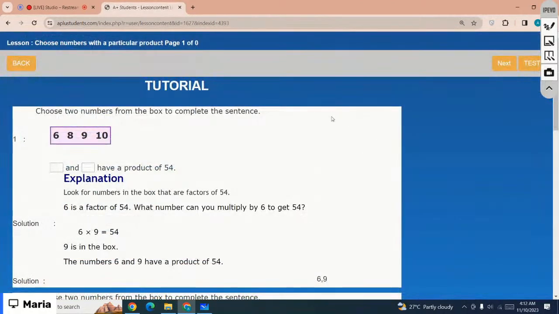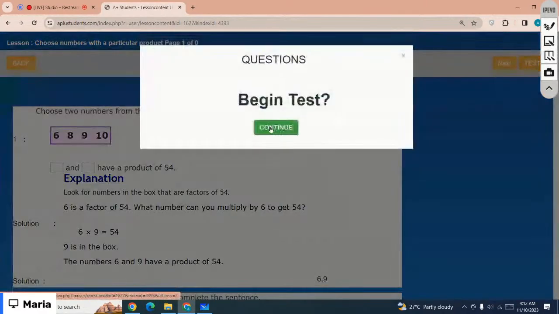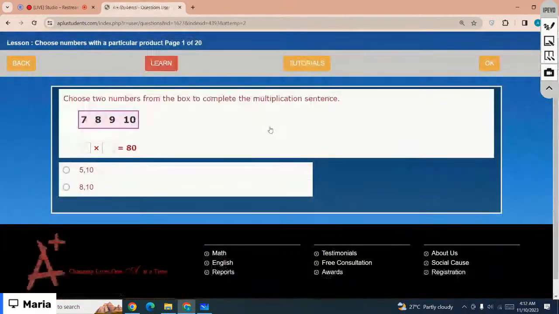Okay, let's just start with the test questions. You are given some of the numbers. You need to see the product is for which two numbers, right? Like you're given 80. 80 is the product of which two numbers? You can either see the options 5 times 10 is 80 or 8 times 10 is 80.